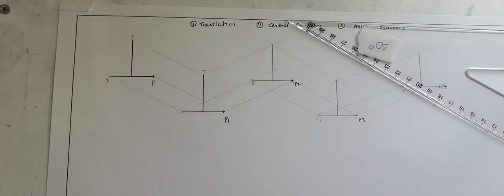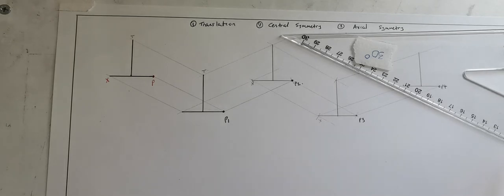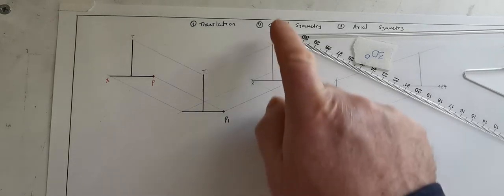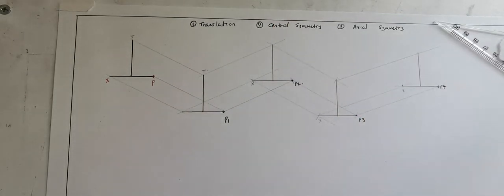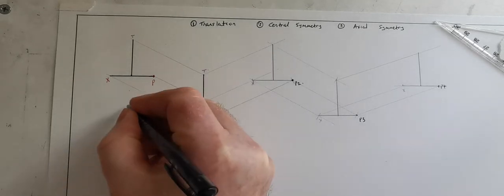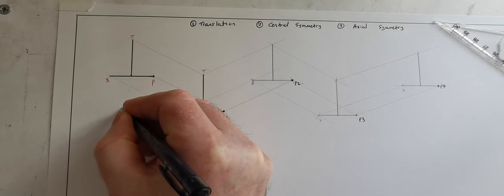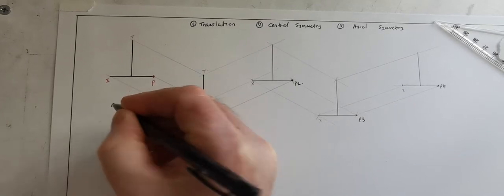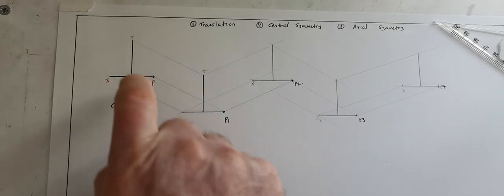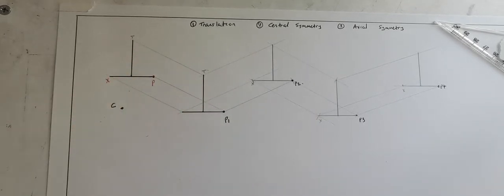Now, I'm going to do central symmetry next. What we're going to do is pick a center here, and I'm going to do a central symmetry of this first one.